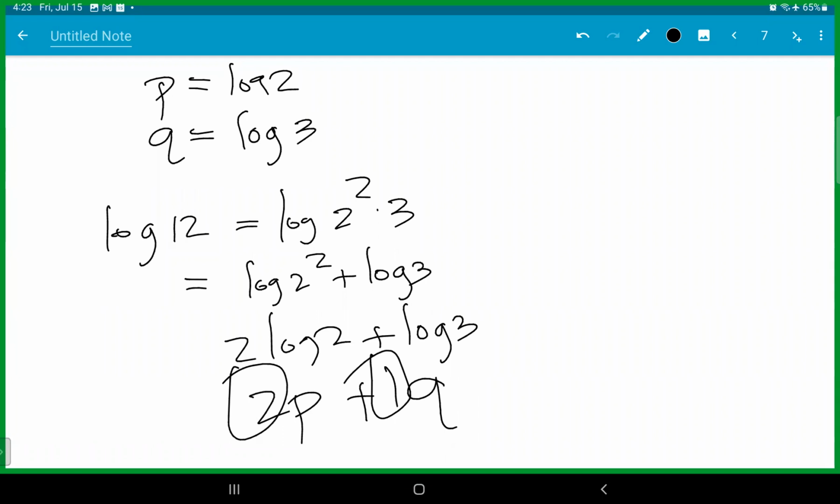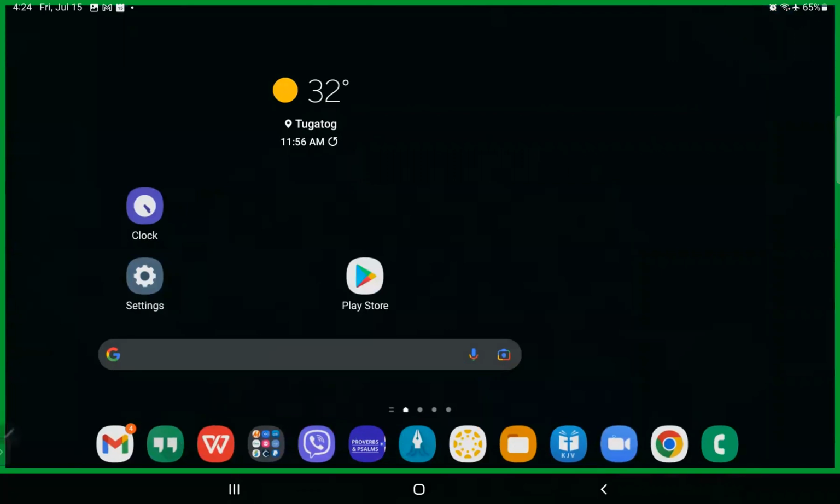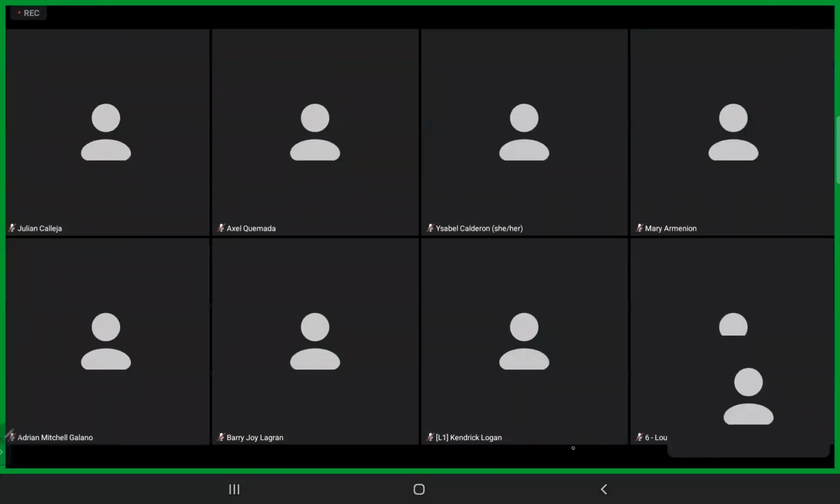If I'm not mistaken. So others? Anong pang tanong? Meron pa bang hindi nag-quiz yata, no? So, at least you already have a tip. So, wala na yata, I guess.